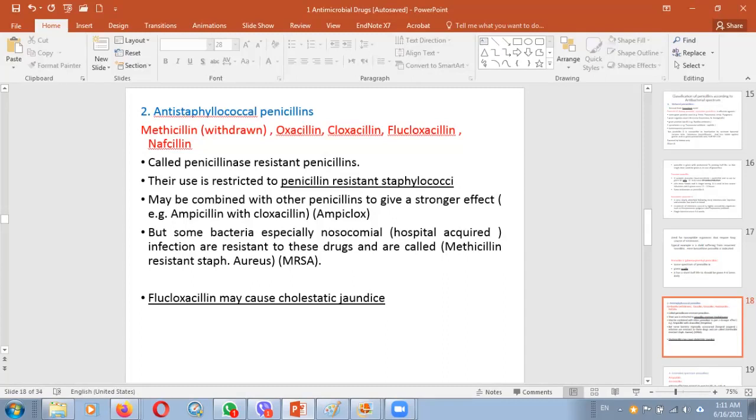An example is ampicillin and flucloxacillin. There is a capsule called Ampiclox available in pharmacies, which has a wide spectrum and a stronger effect than flucloxacillin alone. But some bacteria, especially nosocomial hospital-acquired infections, are resistant to these drugs and are called methicillin-resistant Staph aureus, MRSA.